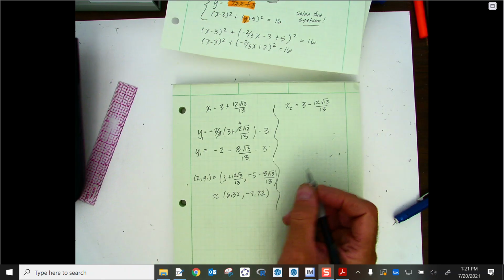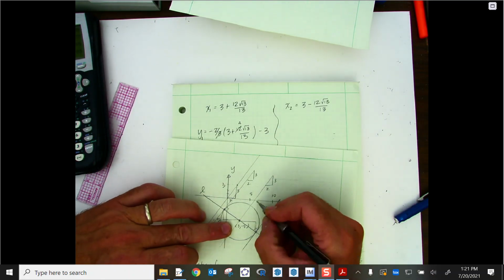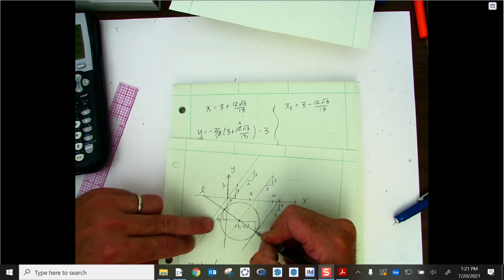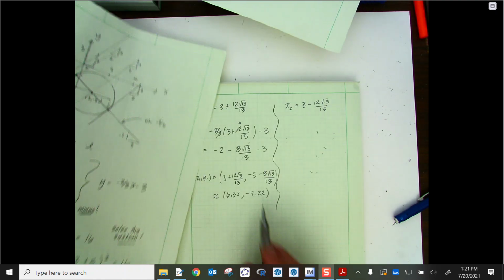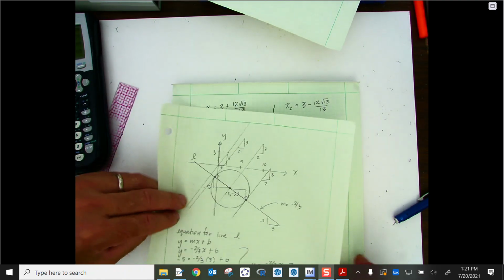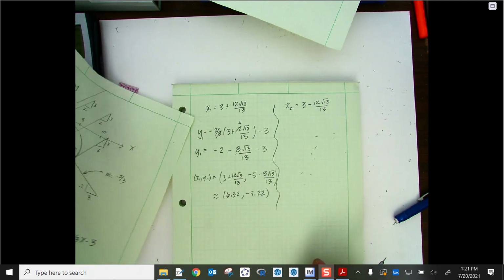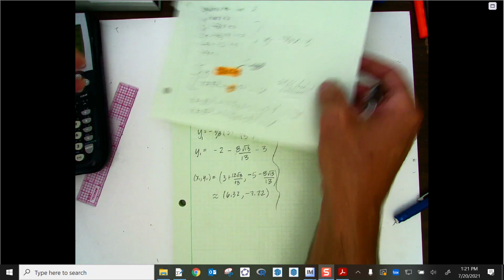Negative 7.22. So now when I look at this, I can see that, yeah, indeed, this point looks like it's past 6 and change in my x-coordinate, and down just barely past 7, which looks like it is in the y-coordinate. So x-coordinate 6 and change, y-coordinate negative 7 and change. Seems to make sense. So I'm more confident now I have that correct.